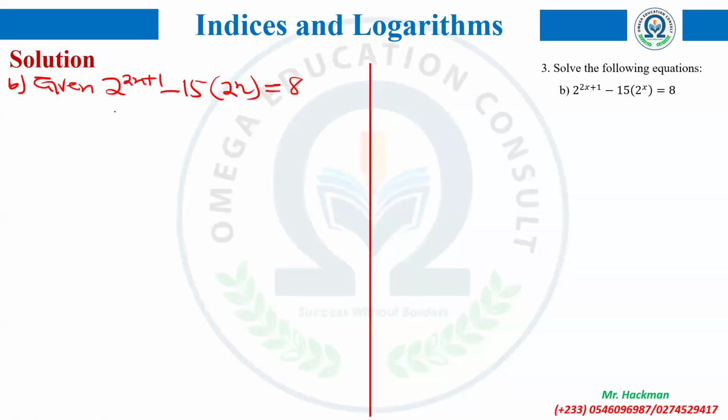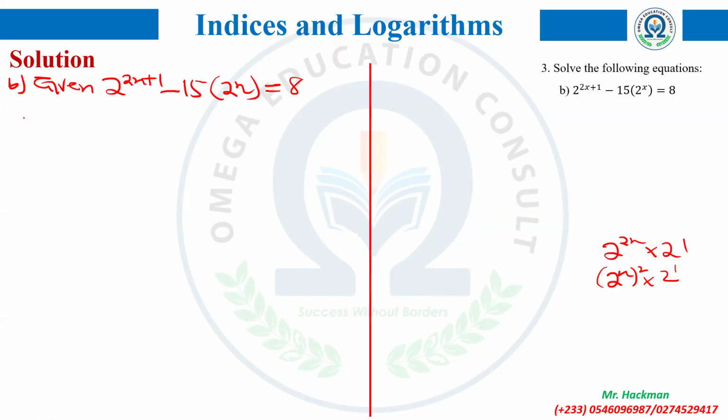And remember what we did in the previous situation. If immediately I see plus, I know that what I have there is the same as 2^(2x) times 2^1. Do you agree? Yes. And we now know how to write this one. It means this will give me (2^x) all squared, then times 2^1. So that's what we are going to use.